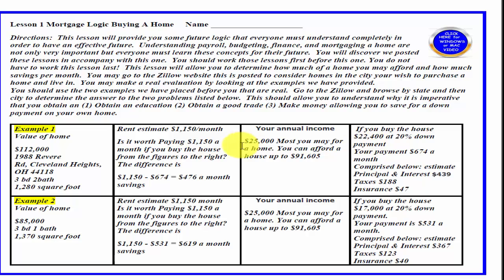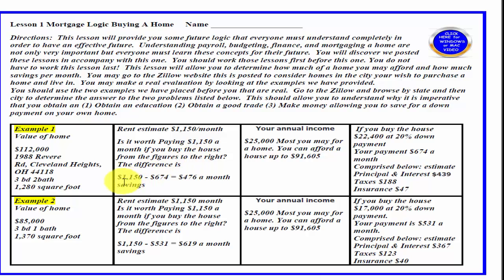Now, remember that. If you were to rent this home, I have to emphasize that, you're paying $1,150 a month. Is it worth paying $1,150 a month? If you bought the home and put $22,400 down, you're paying $674 a month to stay there, and after so many months, that home is yours.